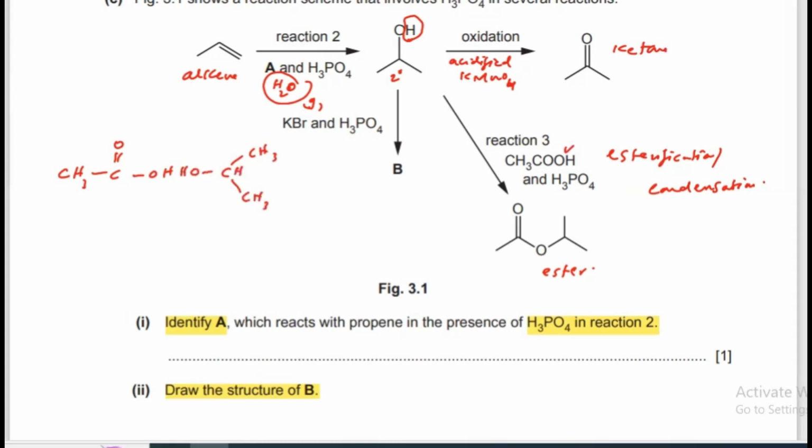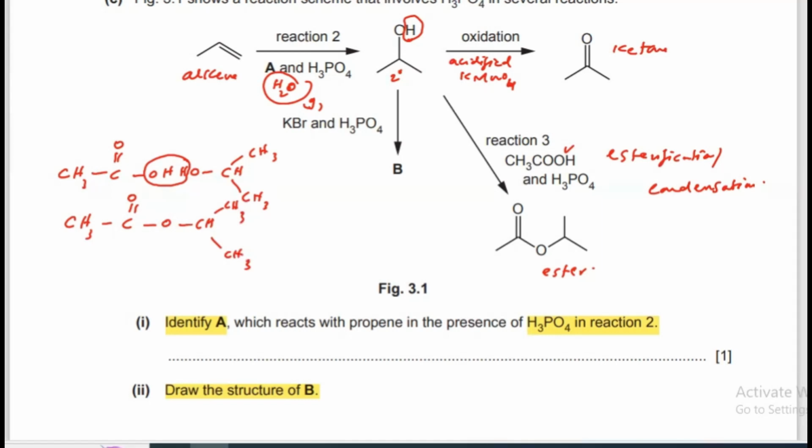This is the alcohol. So if you remove the OH from the acid and the H from the alcohol, you will get a product like CH3C double bond O, then this is the ester linkage, and then you have the part of the secondary alcohol.